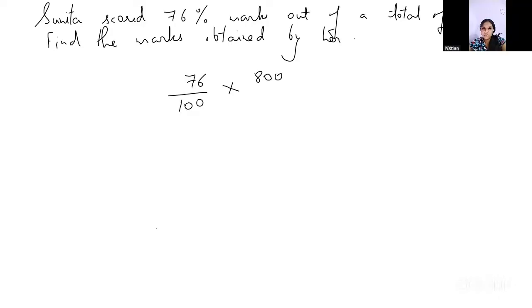All the zeros will be cancelled with zeros. You don't have to cancel all the way with 2. Now do 76 times 8 and find out. Always cancel zeros first, Joshua, and then cancel the rest of the numbers.